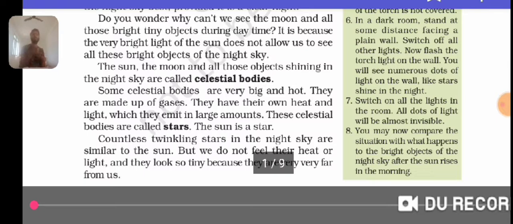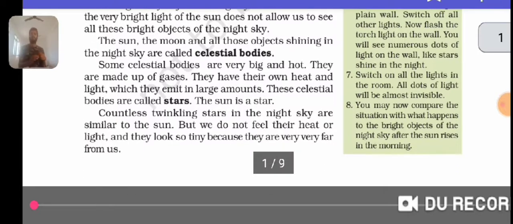It is measured by a unit called the light year, and one light year is about 9.46 trillion kilometers. So it is very far. We don't feel the heat of the stars, whereas we can feel the heat of the sun, and the sun is also a star.